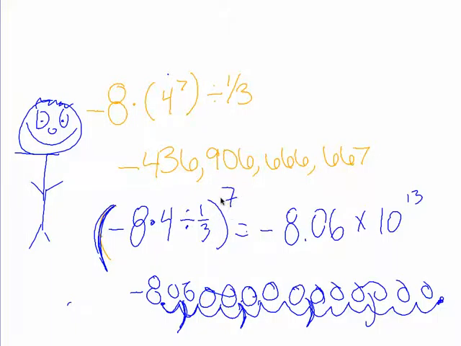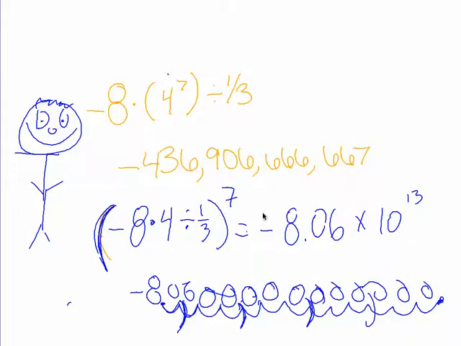And the interesting thing about exponents is, if you have an odd exponent, and you're applying this odd exponent to a negative number, then your result will end up being negative. If you have an even exponent, even if it's being applied to a negative number, it'll end up being positive, because a negative times a negative is a positive.